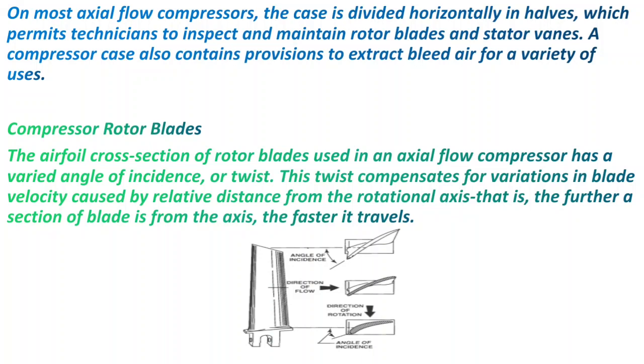As we see, there is a twist in the rotor blade. This twist is to reduce the effect of vibration caused by the high velocity at the tip section of the rotor blade. As we know, the section nearer to the blade disc rotates at a slower velocity than the section further from the blade disc.